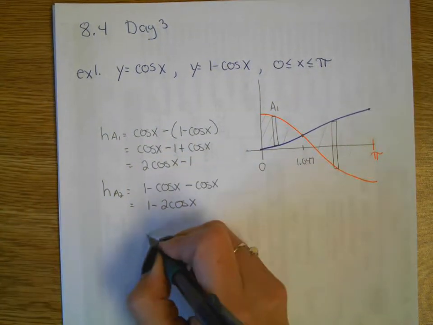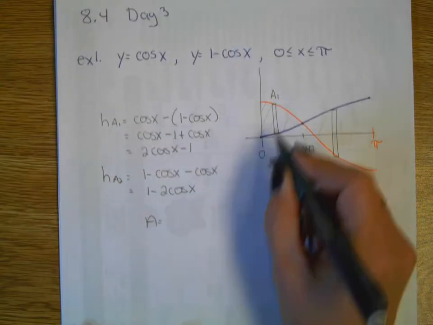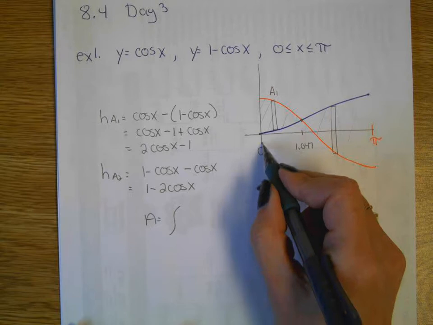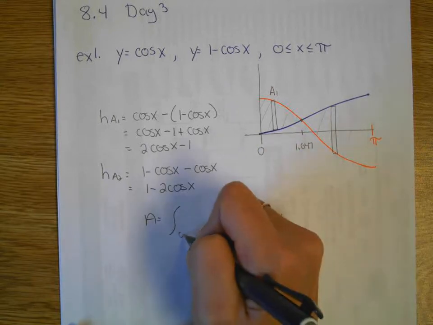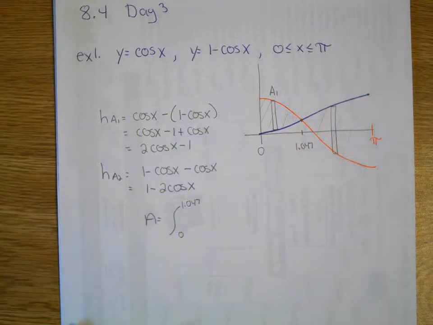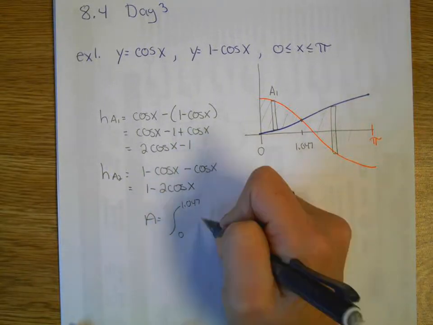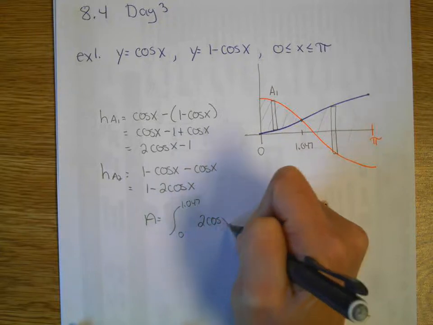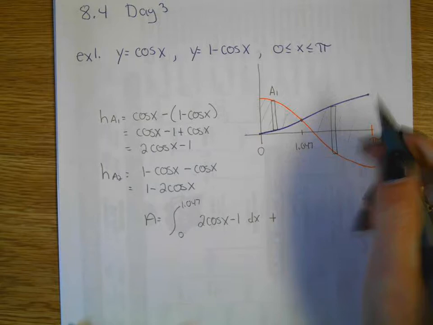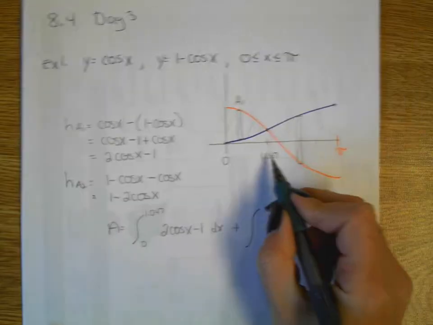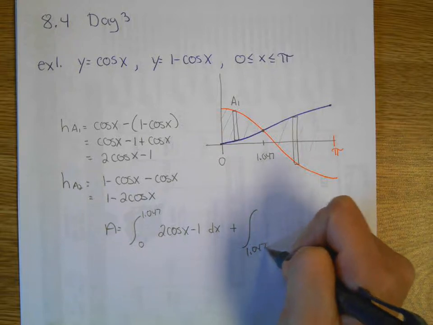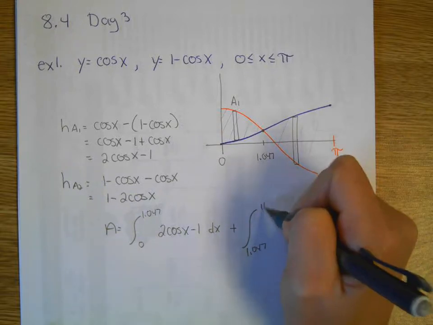So now to get the total area, we'll do this first chunk, which is the integral from 0 to 1.047. And my height is 2 cosine x minus 1 dx. And we're going to add the second chunk, which goes from starting at 1.047 and finishing at pi.